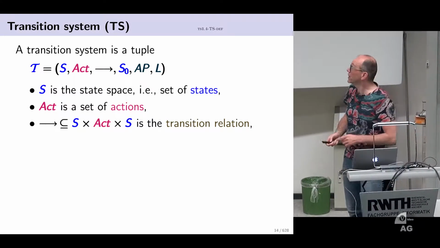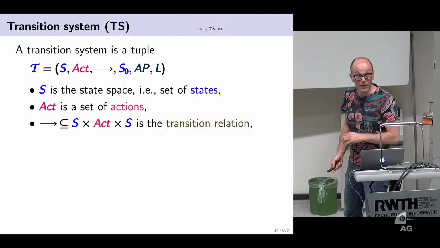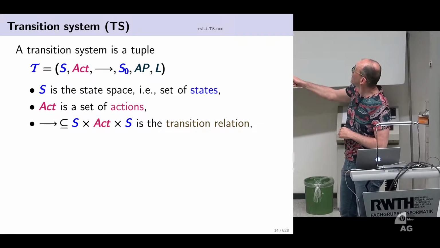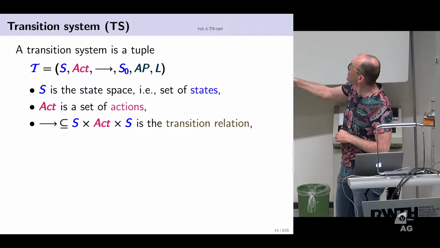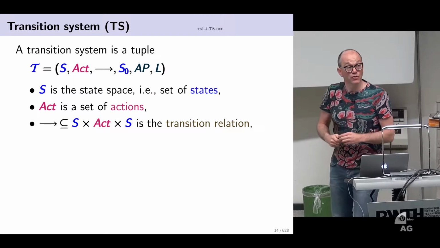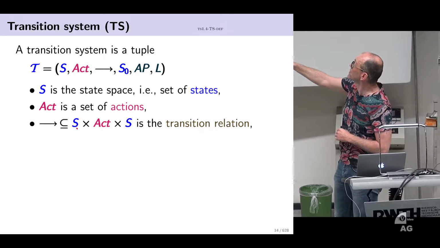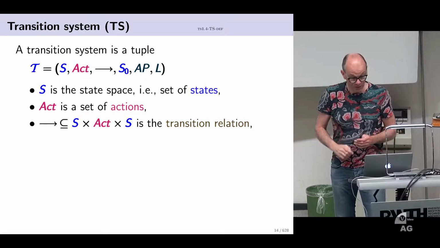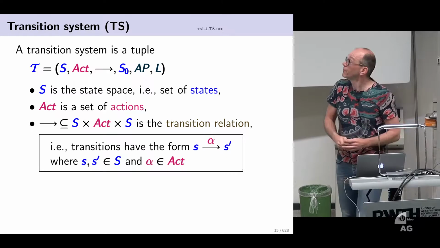Then we have a transition relation, which is a ternary relation. So it contains triples. The triples are of the form: we have a source state, a target state, and an action that tells you that if the current state is in this set and we take a certain action, then the next state will be a state over here. The typical relation is the following.